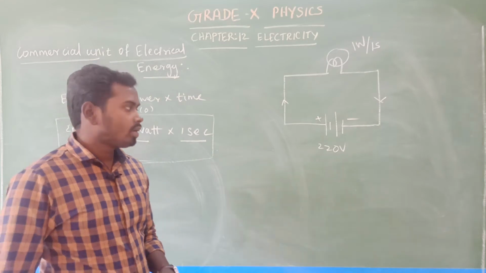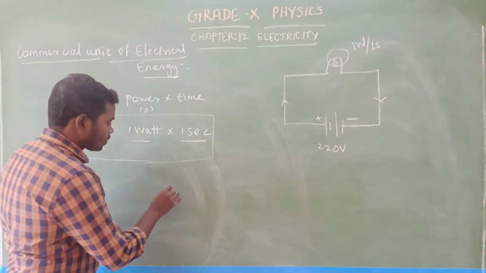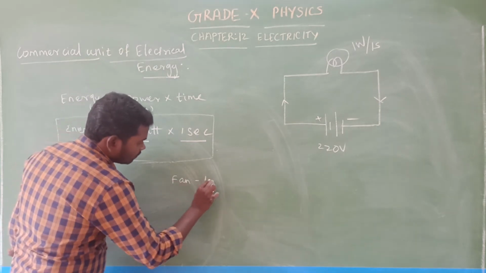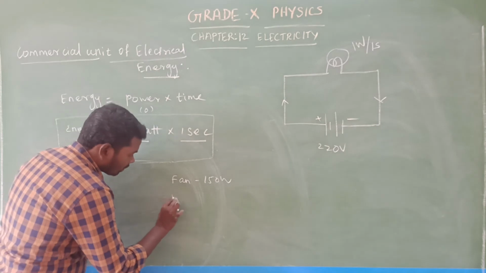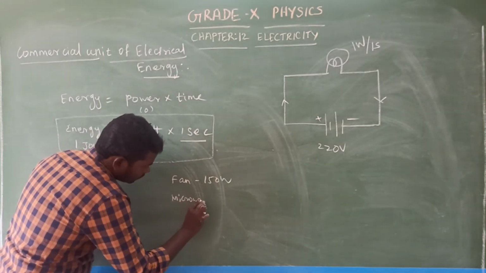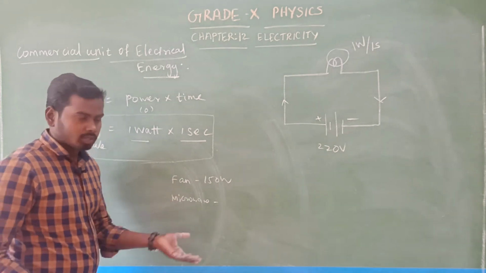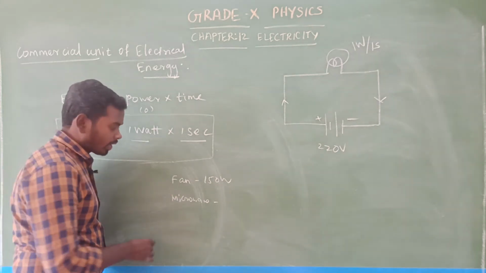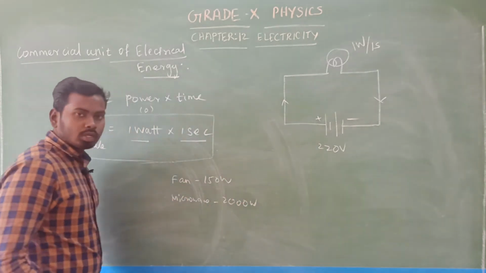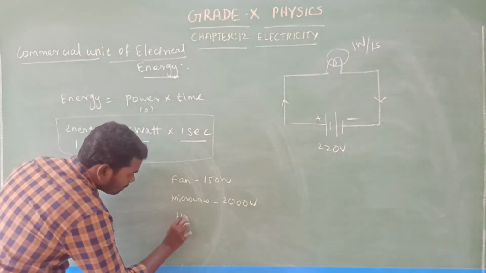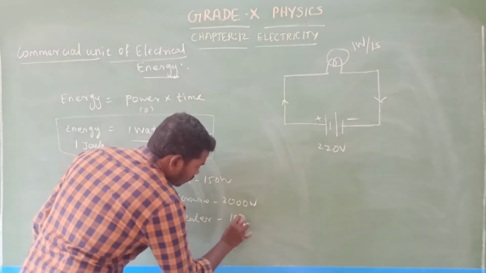For example, look here. The fan has 150 watt power. Then the microwave oven, this is an example, not exact, an approximate value: the microwave oven has 2000 watt. The water heater has 1000 watt.